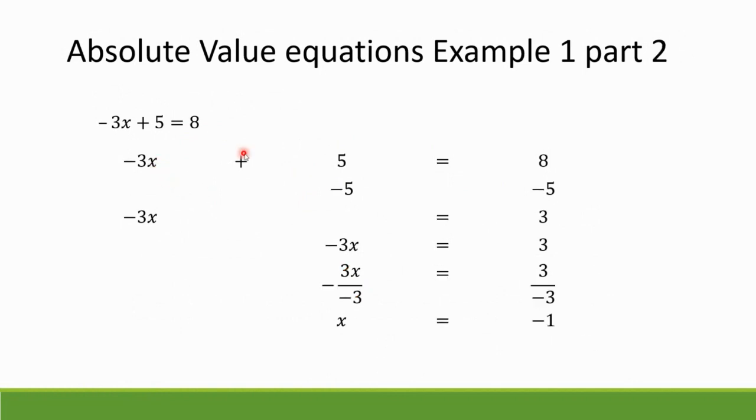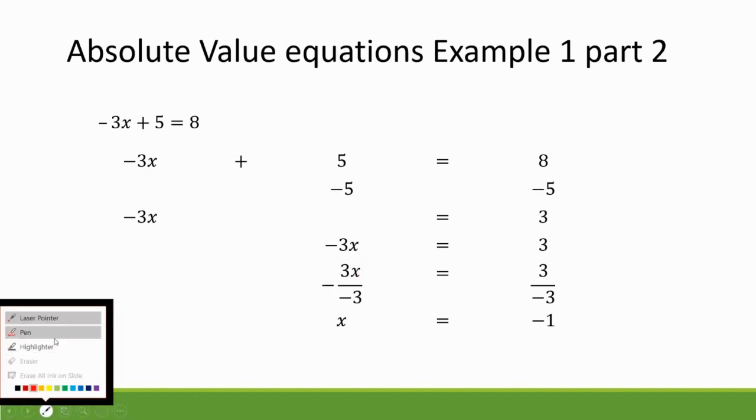So we have negative 3x plus 5 equals 8. We subtract 5 from both sides. Again, we want to get x all alone. So we have negative 3x equals 3. And then it's just like what we saw already. You don't want negative 3x, you want x.